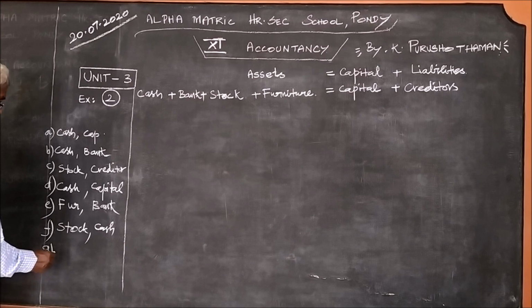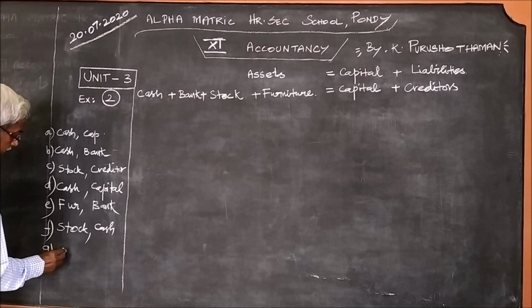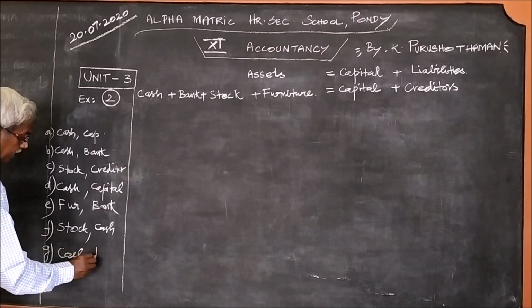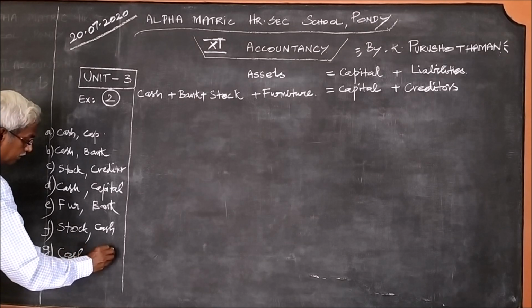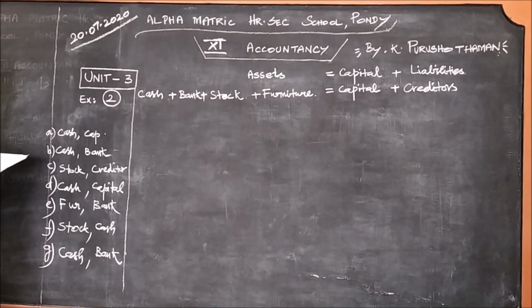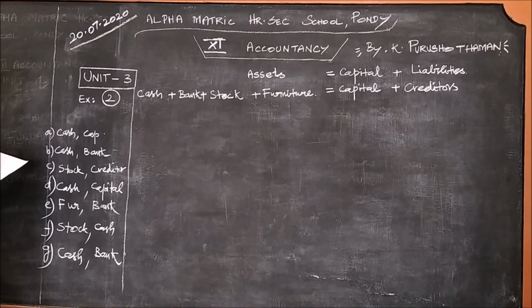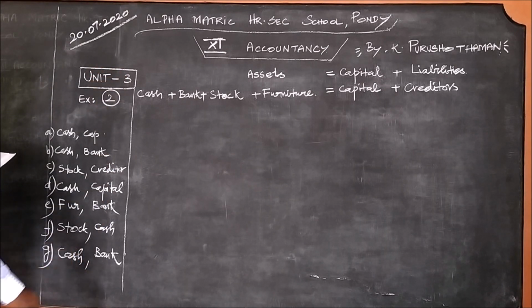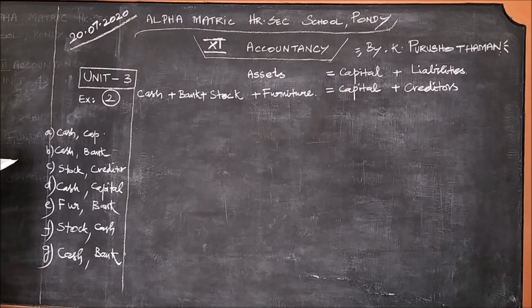When money is withdrawn for office use, cash comes in and from the bank the money is going out. So, of course, I should write the name of the transaction here, but for want of space, I did not write it, I am giving only the answer for this.